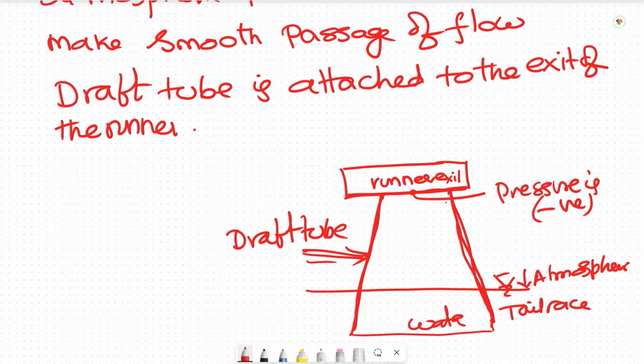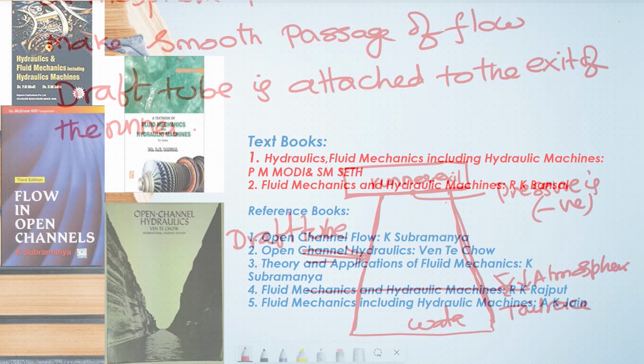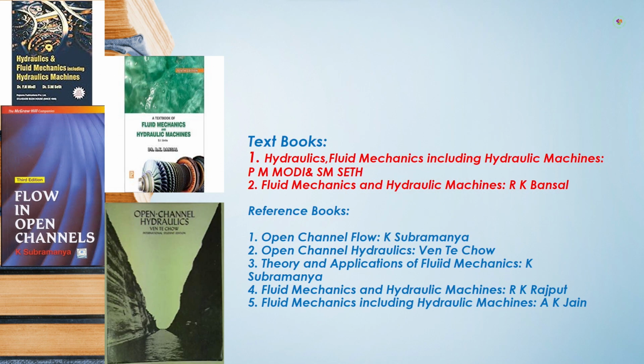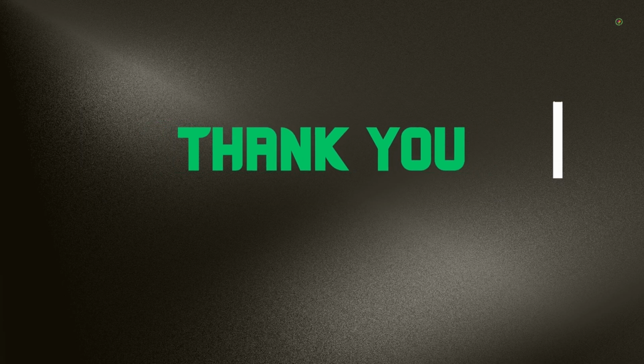Kindly remember it. The same is the case with the Kaplan turbine also. With this, we will stop this lecture, and in the next lecture we will take up the velocity triangles and work done.